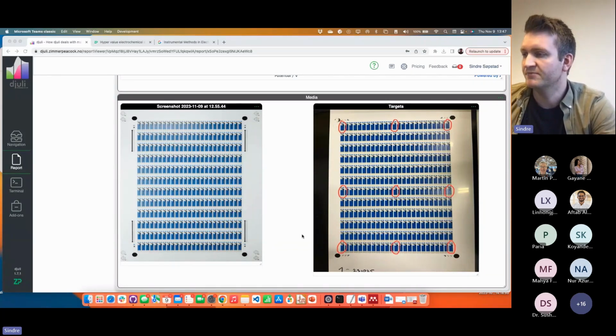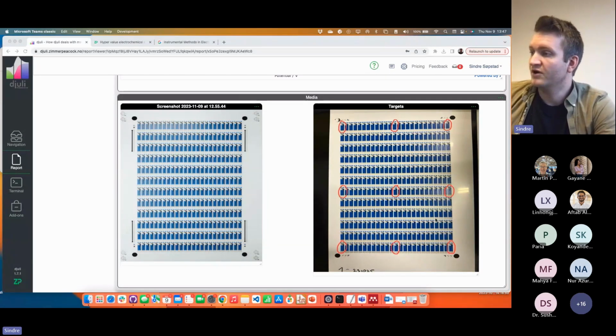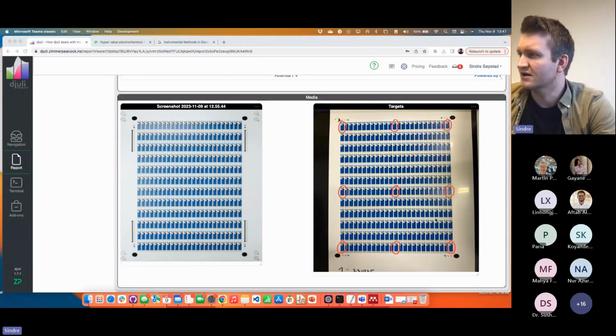So here we have a 2-dimensional layout, and we can take samples from this sheet or this wafer in order to get an indication of what is going on and how the reproducibility looks on this sheet, by taking, let's say, samples that we think represent the entire sheet well.